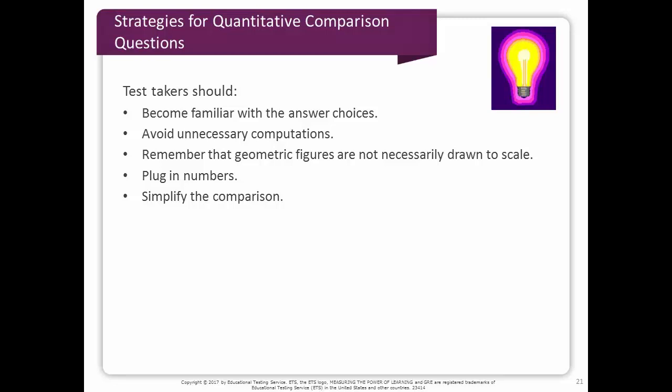Avoid unnecessary computations. Don't waste time performing needless computations in order to compare the two quantities. Simplify, transform, or estimate one or both of the given quantities only as much as is necessary to compare them. Remember that geometric figures are not necessarily drawn to scale.